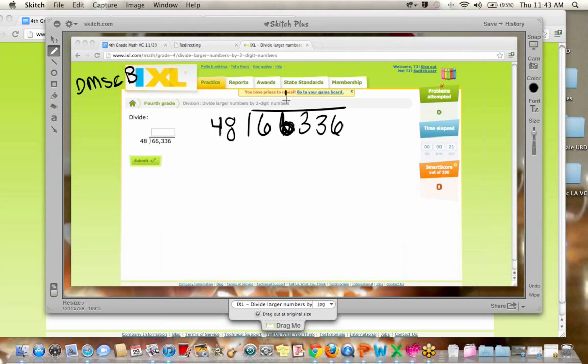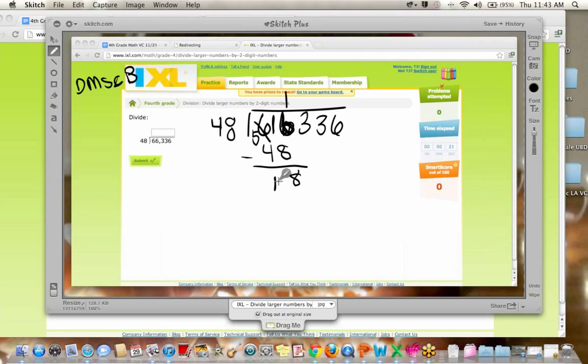Yeah, I just had my microphone off. Okay. So you told me in the chat that 1 is how many times 48 fits into 66. So then my next step's to multiply. 1 times 48 is 48. My next step is to subtract. So I have 66 minus 48. 18.